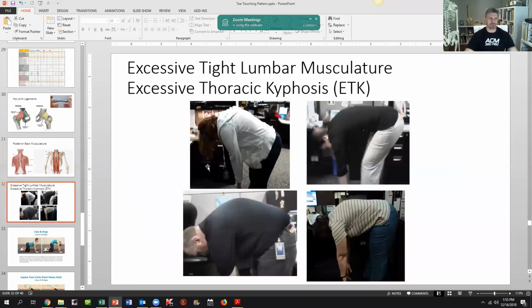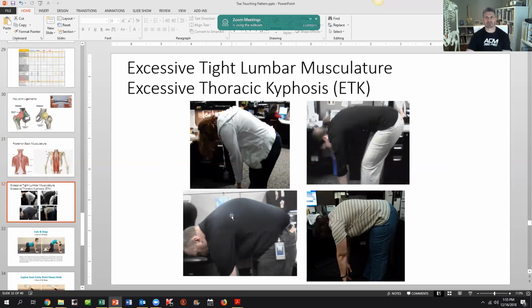Here is an example of excessive tight lumbar musculature and excessive thoracic kyphosis. You can see that every one of these persons is almost arched the other way into spinal extension. Excessive lordosis with excessive kyphosis.